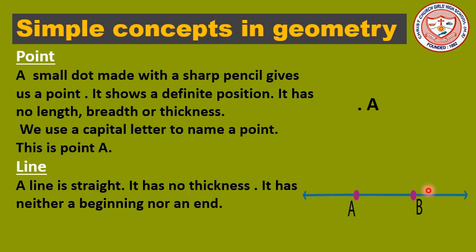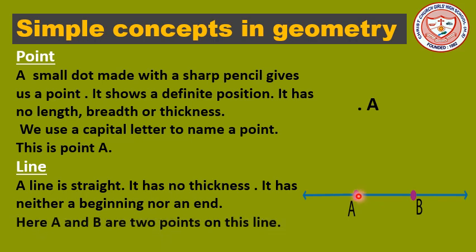That is why two arrowheads are drawn here. That means it has neither a beginning nor an end. We can extend this line here or here. A and B are 2 points on this line.